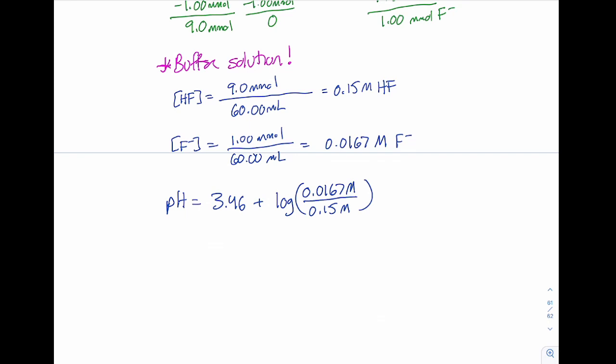And then I'm going to add that. And I get that my pH is 2.51. And again, I don't round after each step when I'm doing this on my calculator, so if you're coming up with something slightly different than me, that could be it.